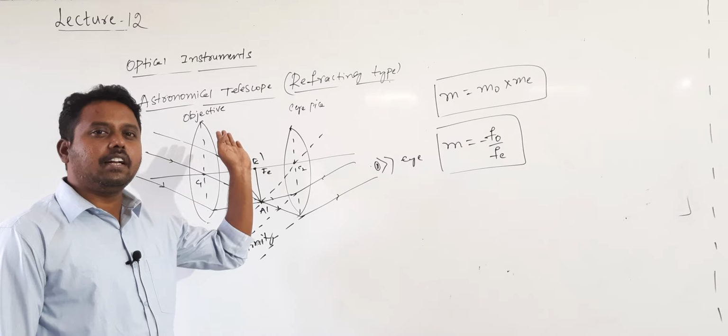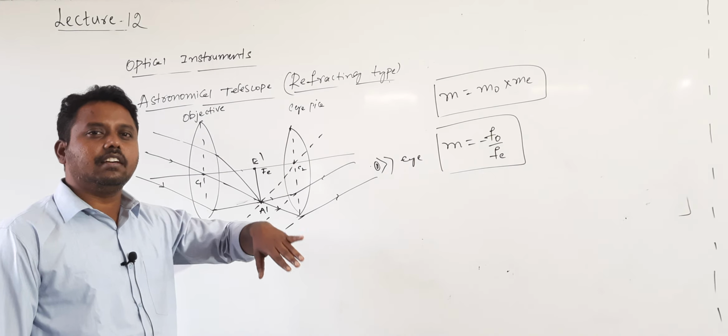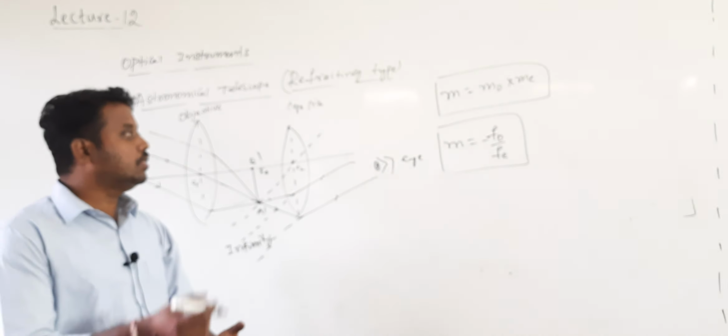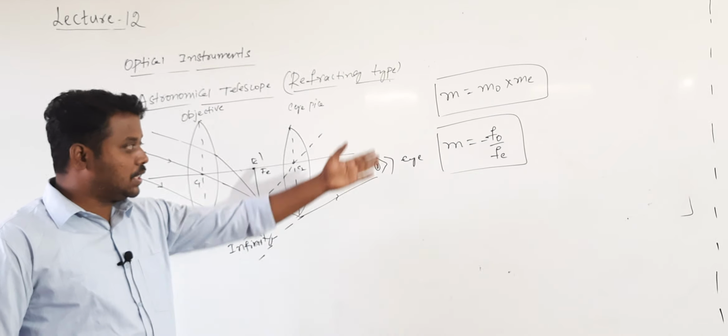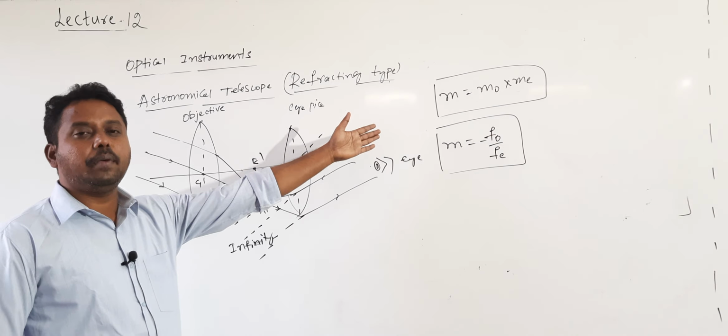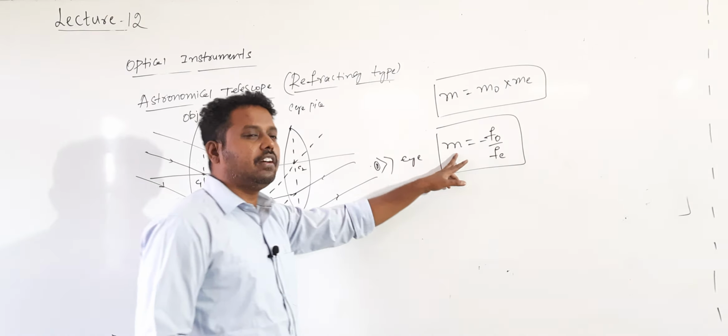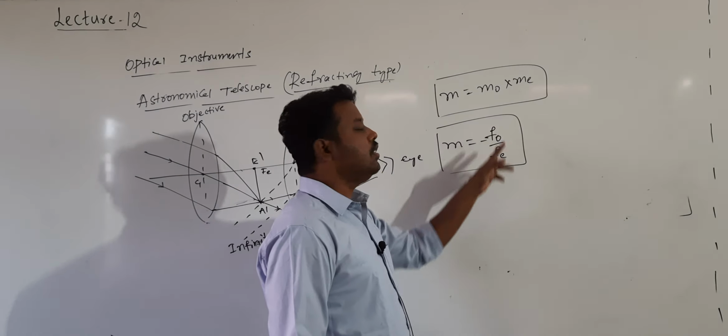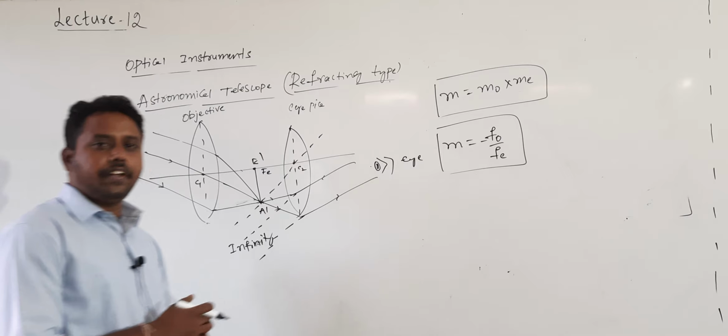This astronomical telescope is used for viewing both astronomical objects and terrestrial objects. Actually, there I can prove that whenever the image is formed at infinity, the magnifying power is given by the formula m equals minus f0 divided by fe.